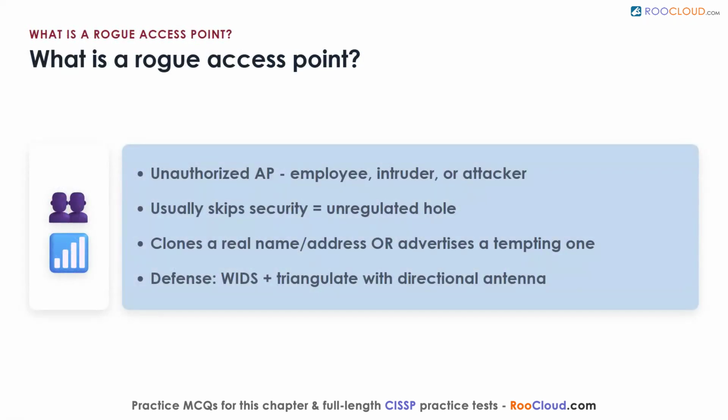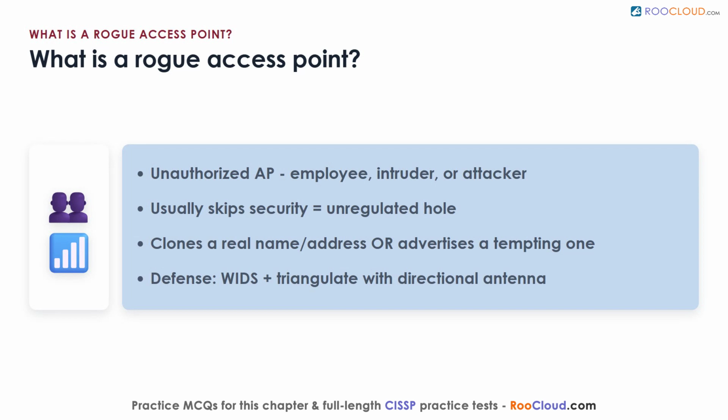What is a rogue access point? An unauthorized access point riding on your network. It might be planted by an employee chasing convenience, slipped in by an intruder who got inside, or run by an attacker from outside. However it arrives, it usually skips proper security, punching an unregulated hole into your otherwise guarded network.